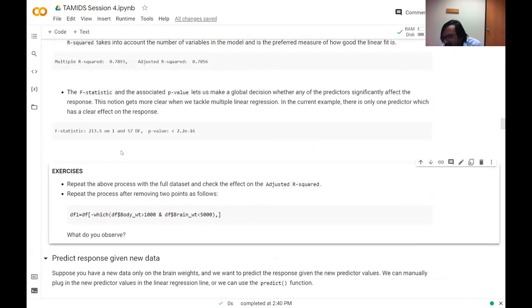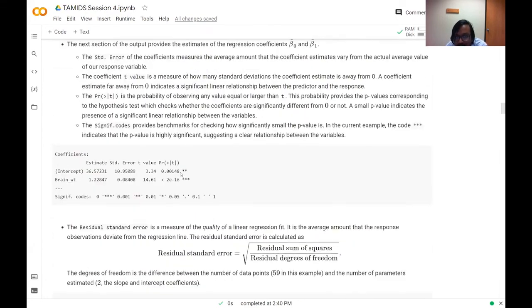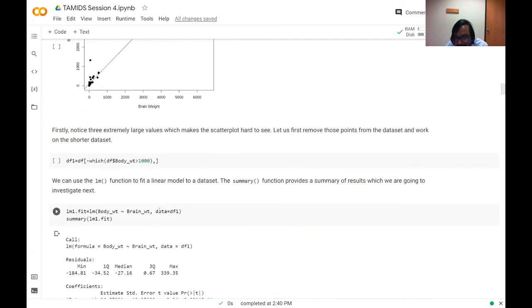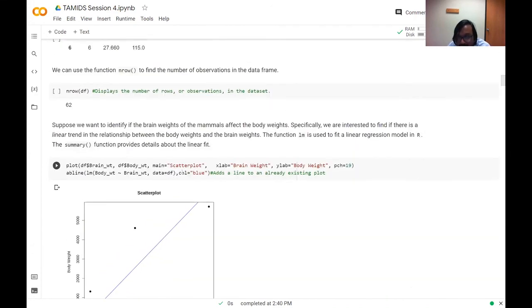So for this exercise, repeat the above process with the full data set and check the effect on the adjusted R squared. So all you have to do here is, basically, instead of df1, change the data to df. That is going to contain the entire data set.